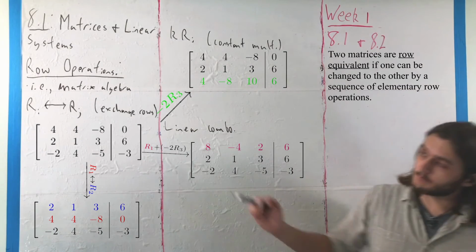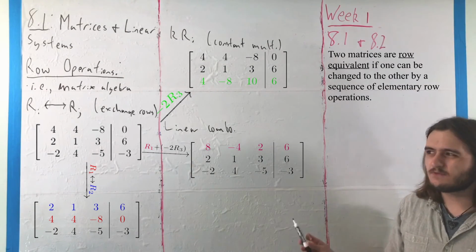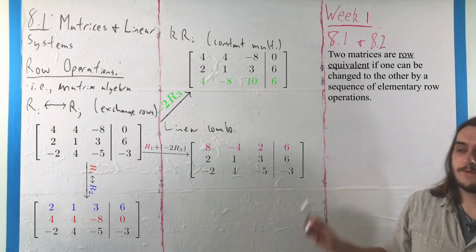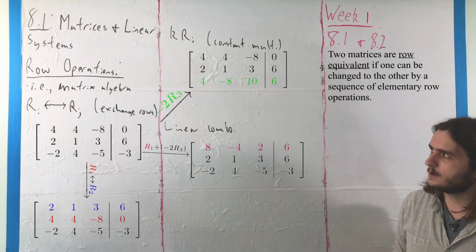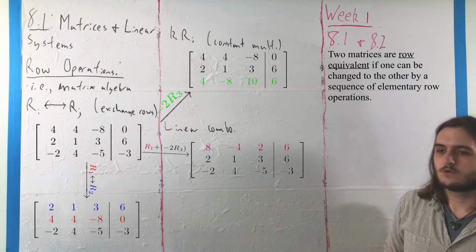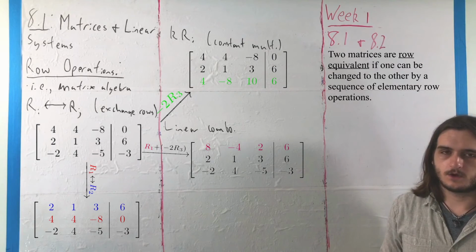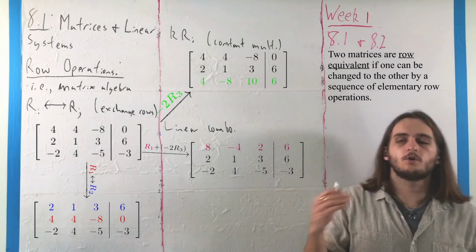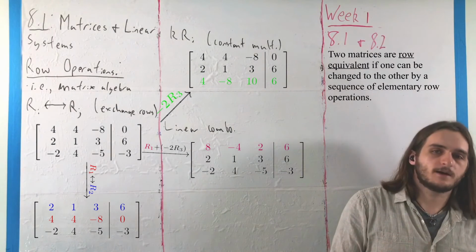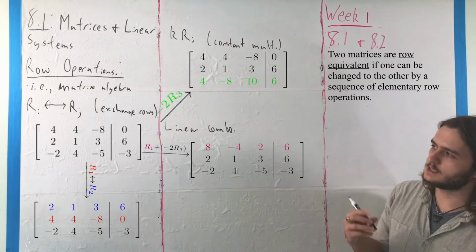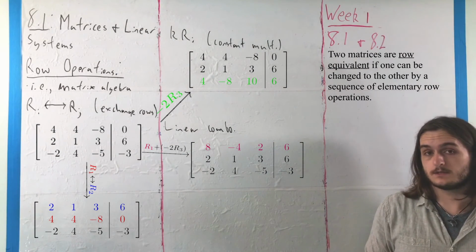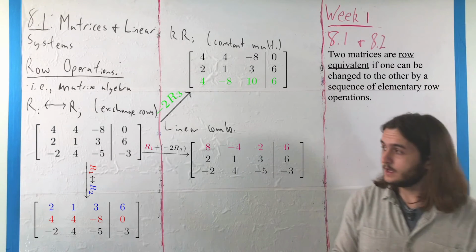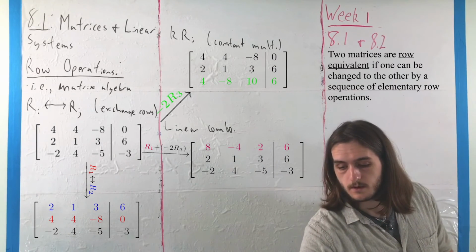And because all these were basic operations, even though these are all fairly different for the most part, they're all row equivalent. They all have the same meaning in terms of our ultimate solution, in terms of our ultimate goal with this kind of problem, which is to find values x, y, and z that satisfy all 3 equations at once.